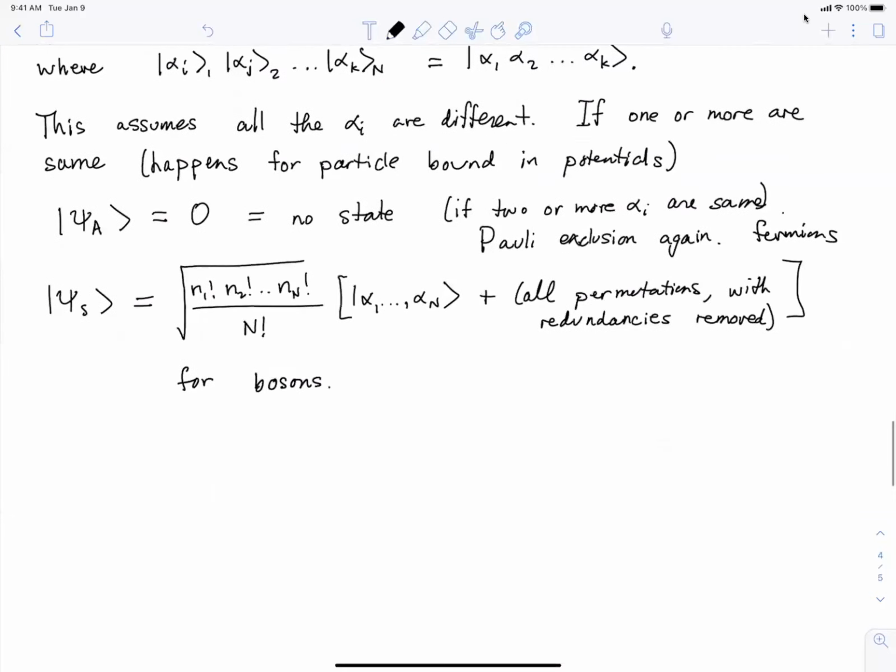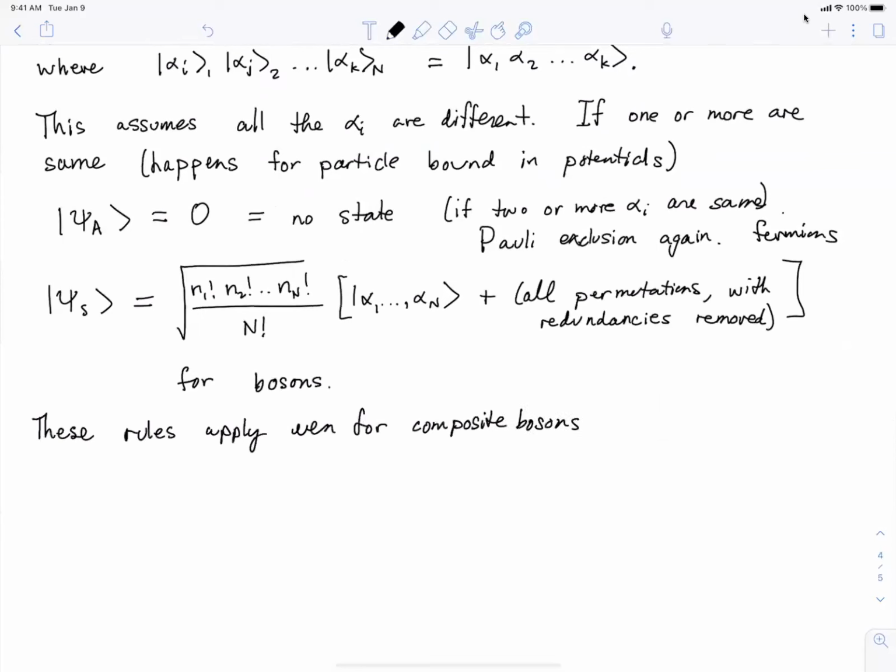Okay, and these rules apply even if your particles are themselves made out of smaller particles. So these rules apply even for composite bosons.